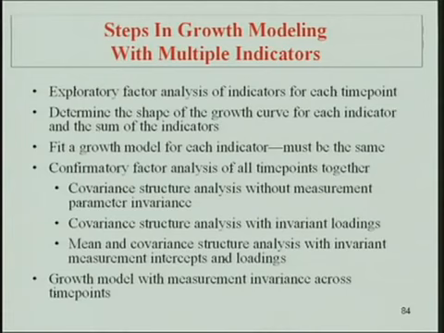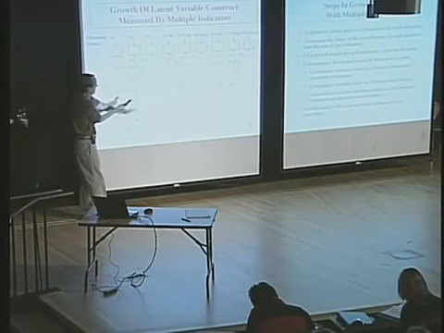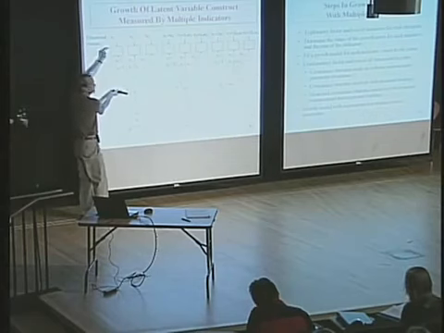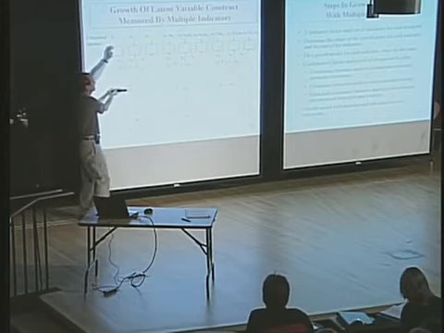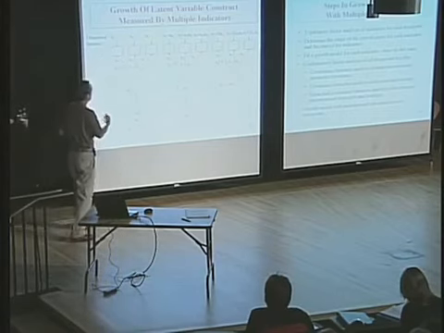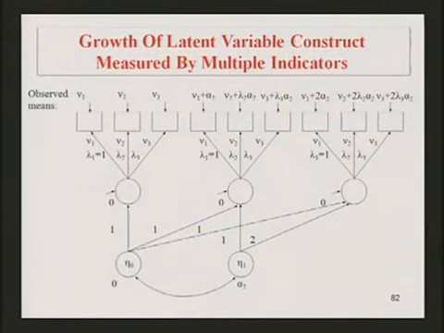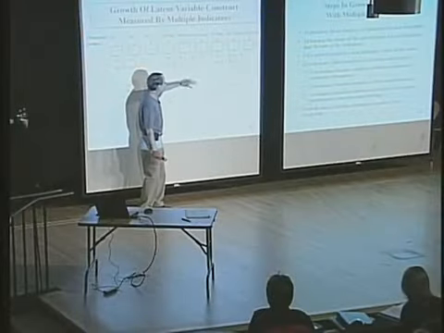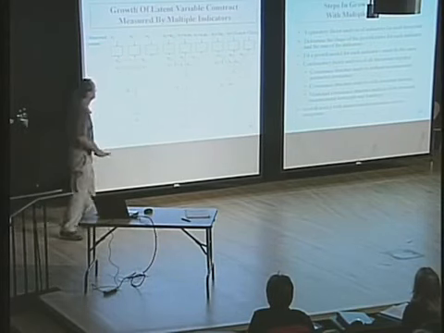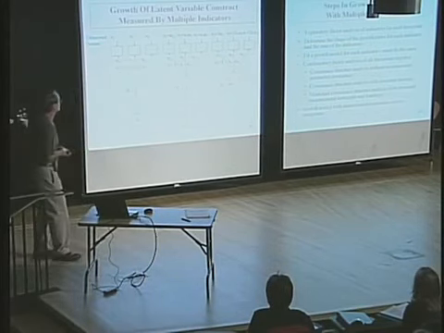You may also want to do a confirmatory factor analysis of all time points together. Confirmatory factor analysis meaning only this part of the model, not adding the growth part, which I would call a longitudinal factor analysis model, where if you want to study how the means of the factors change over time, you want to hold the measurement parameters, nus and lambdas, equal across time, fix the factor mean of the first time point to 0, and estimate the means for the other time points as higher or lower than 0 to represent increase or decrease in the factors.